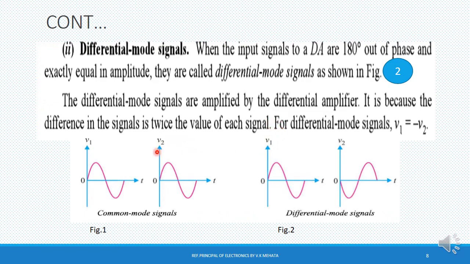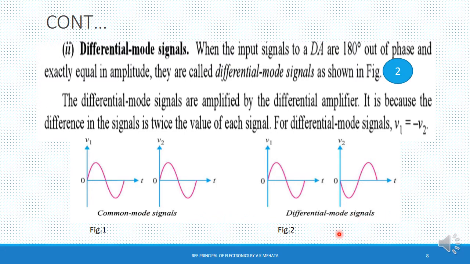For differential mode signals, V1 is equal to minus V2. Always V1 is equal to minus of V2, that means the opposite. Now all of you understood what we mean by common mode signal and differential mode signals.